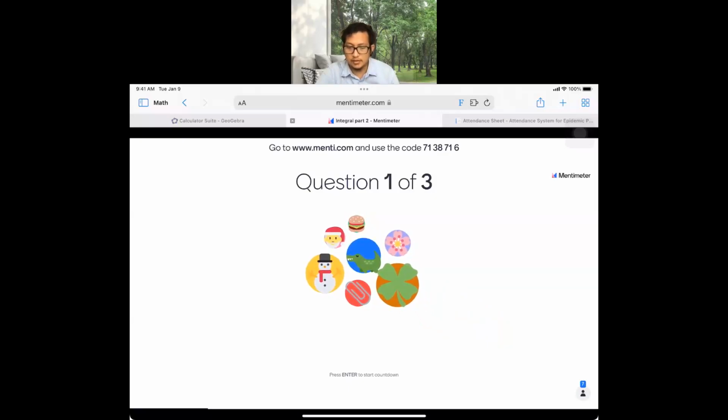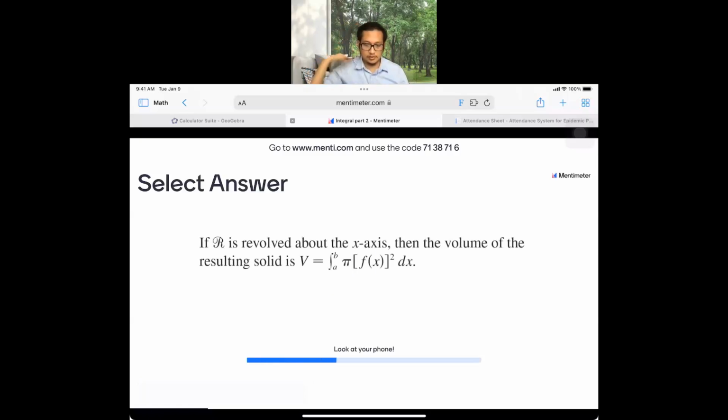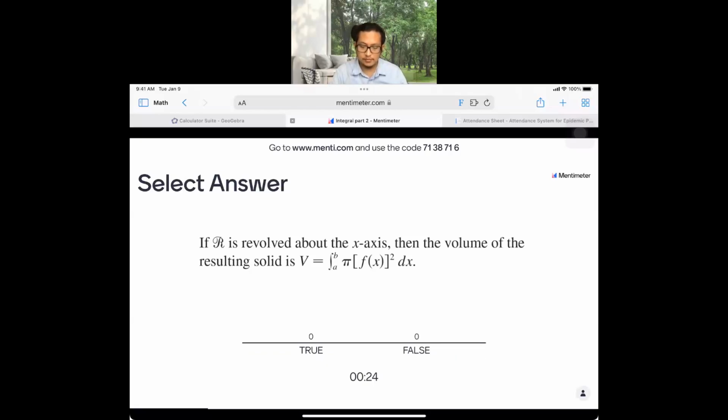Okay, I think I can start. Question number 1, only 3 questions, and hopefully the time is okay. This is true or false. Just 20 seconds. You need to be very quick, and you could take some imagination.